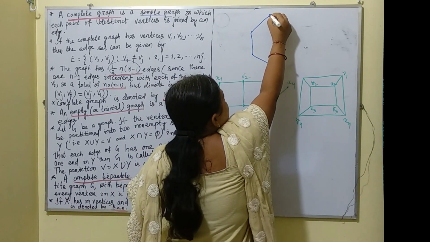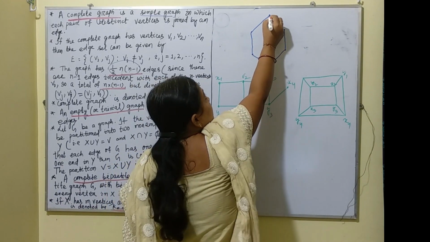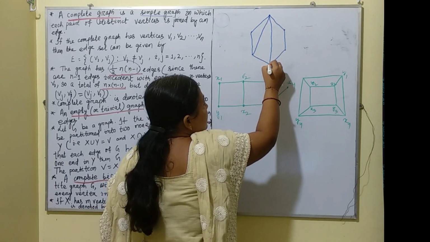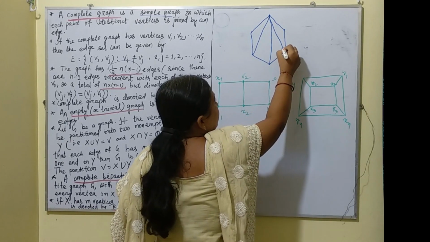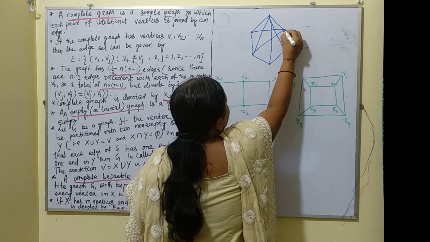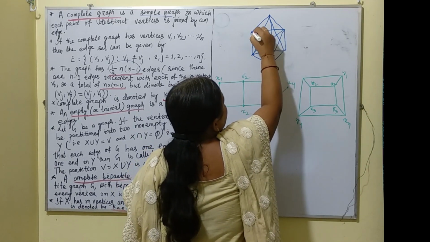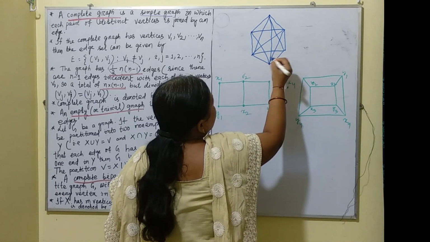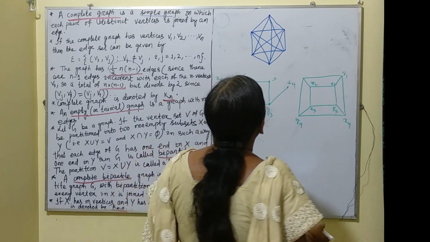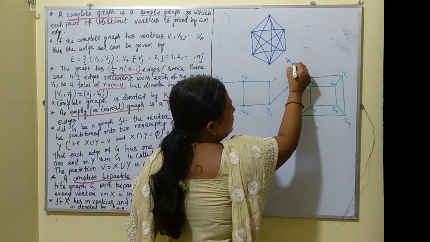So the number of vertices is 6, and this is the K6 graph.